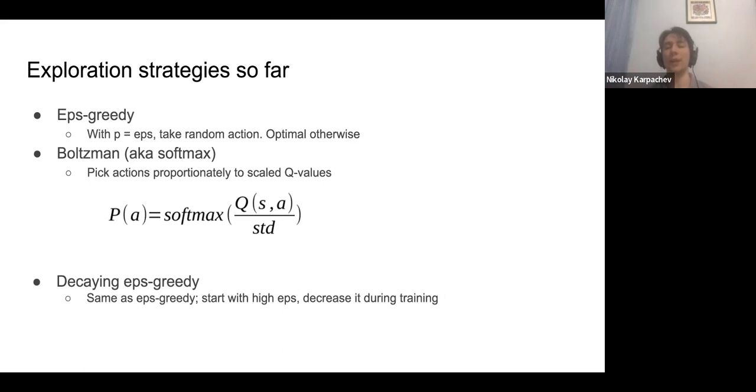We want to select them more often than the actions with low Q values. The idea is that we apply the softmax function to these Q values. We transform Q values to probabilities: the higher the Q value, the higher the probability.